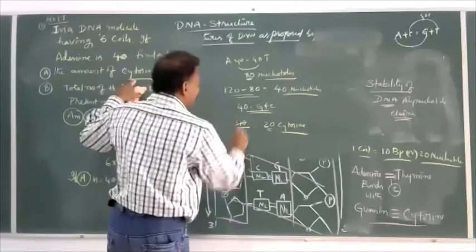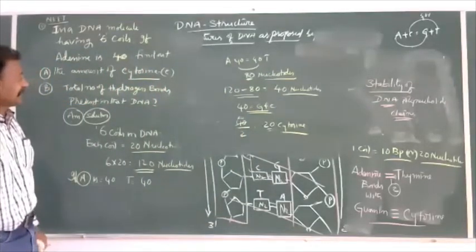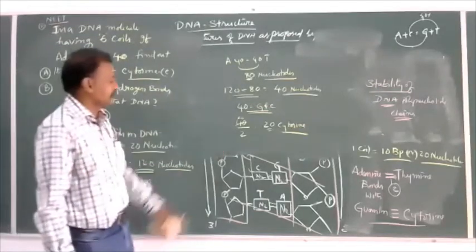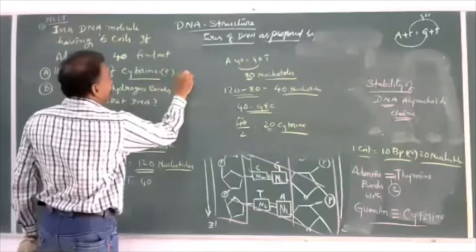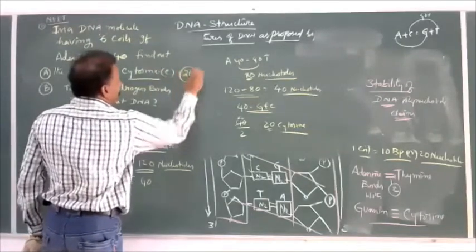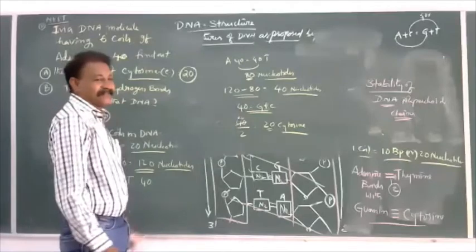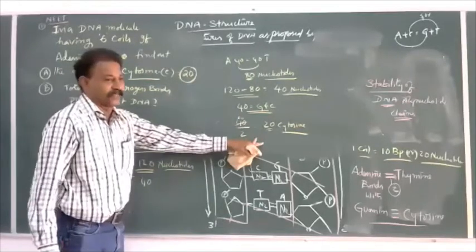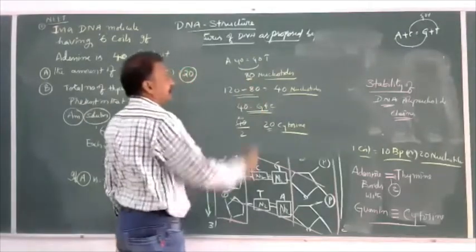Forty by 2. So the amount of cytosine C is 20. So guanine also 20. Cytosine 20, guanine 20, 40. 40 plus 80, 120. What are 80?